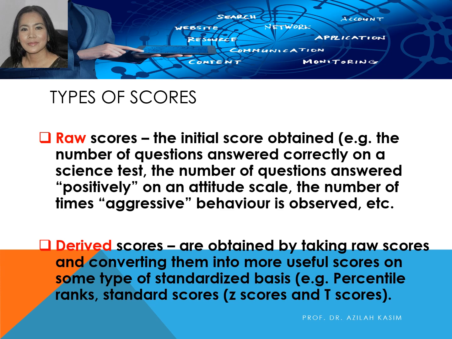Okay, so once we have these raw scores, we can analyze them further to get what we call a derived score. Derived scores are obtained by taking raw scores and converting them into more useful scores on some type of standardized basis.